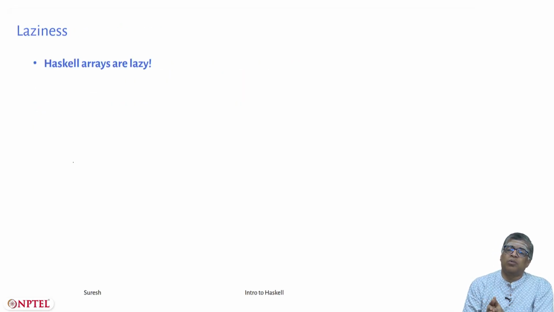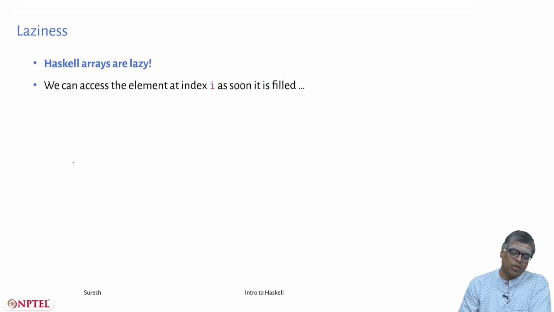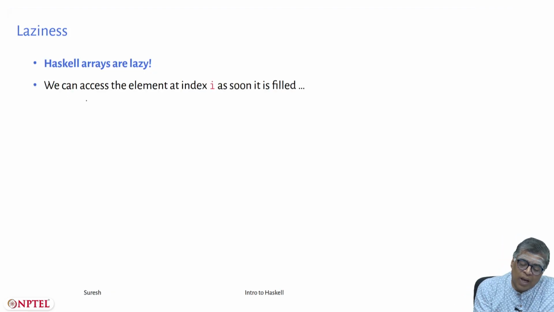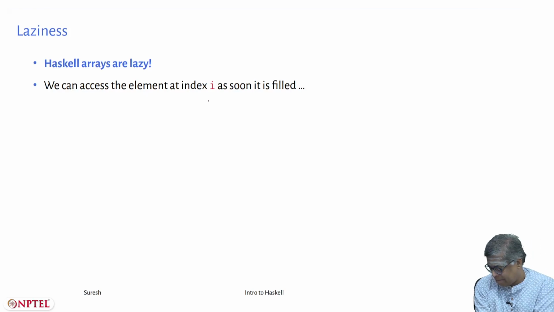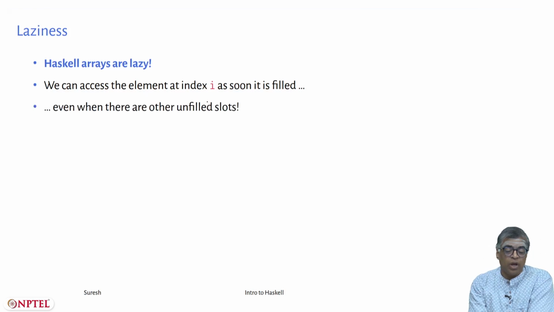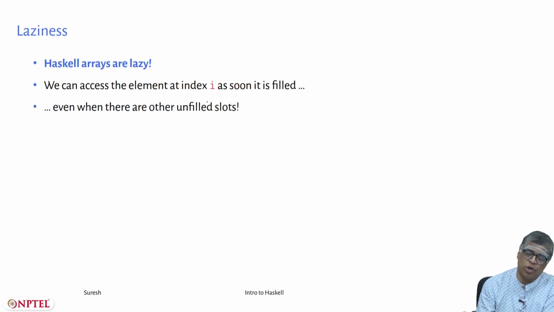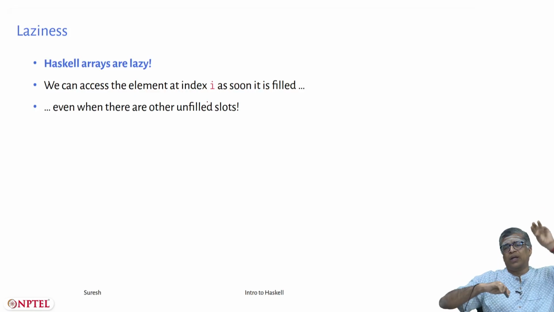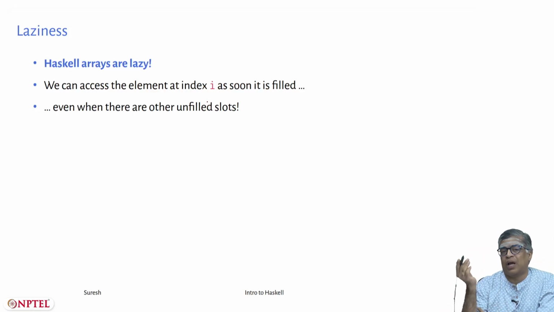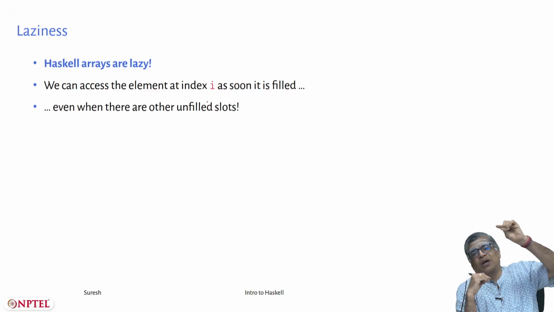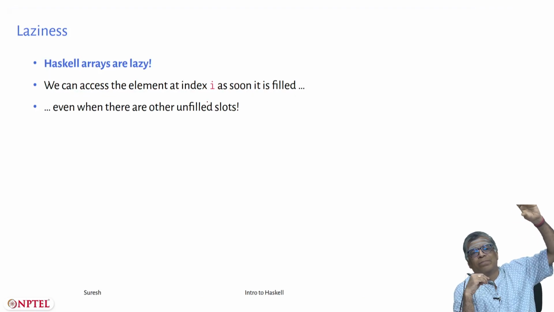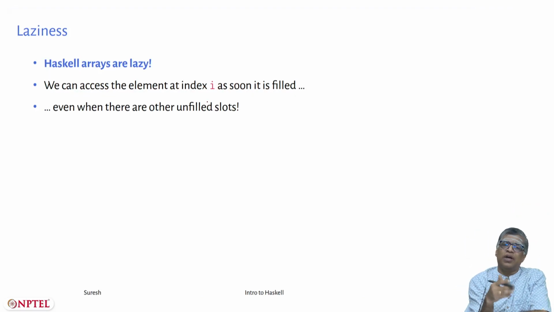The most important thing about Haskell arrays is that they are lazy, which means that we can access the element at index i as soon as it is filled, even when there are other unfilled slots. I can keep filling. So unlike in other languages where I need to declare an array and then initialize it with some value or whatever, here there is no such thing.